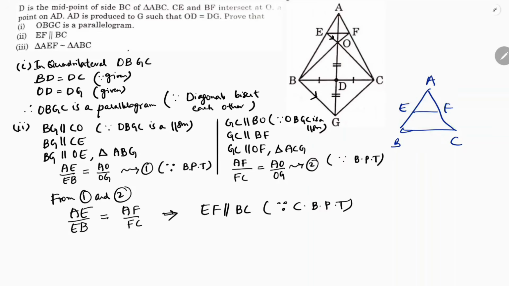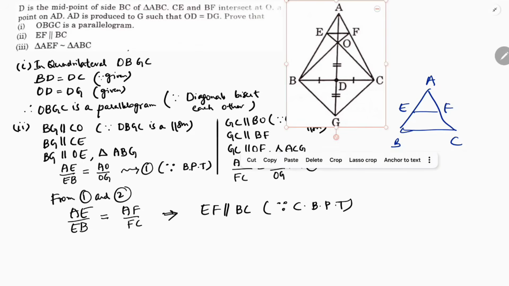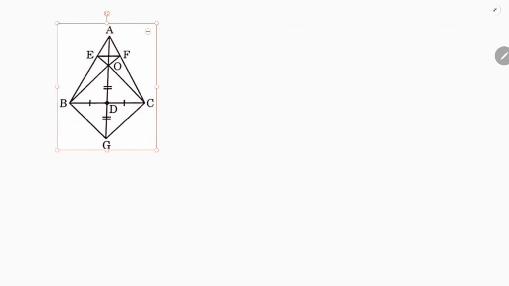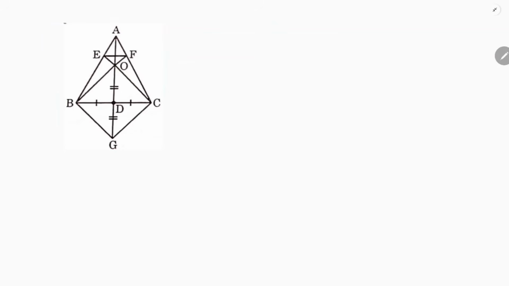Two parts are done. Now, for the third one, AEF is similar to ABC. Triangle AEF, just now we got EF is parallel to BC, is similar to triangle ABC.